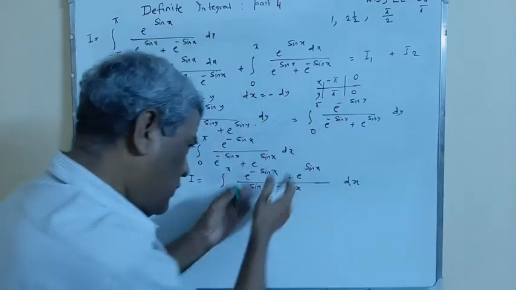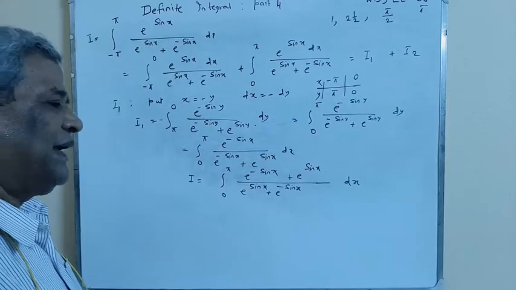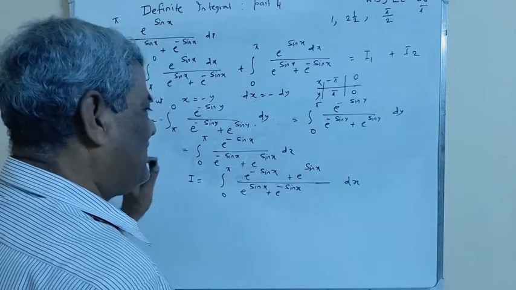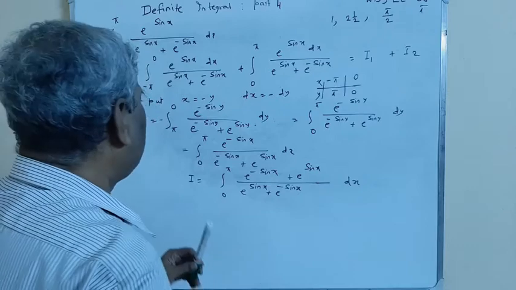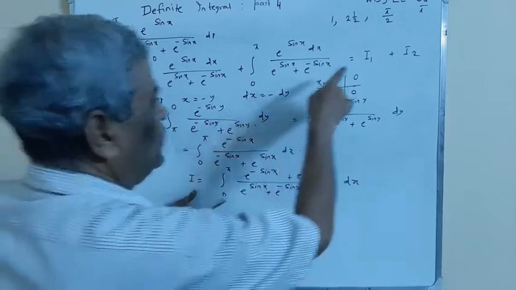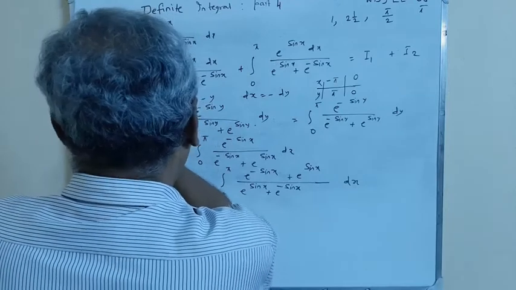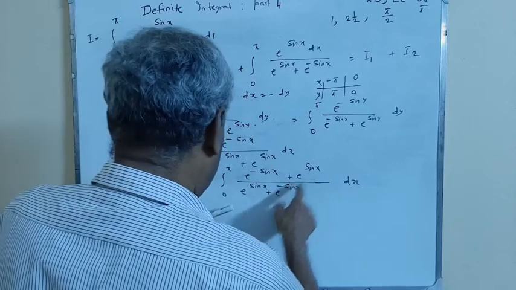So the sum of these two is that. Now you see, numerator and denominator are same. I is equal to I1 plus I2.